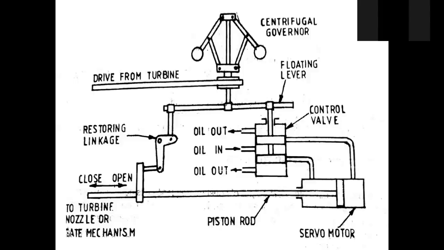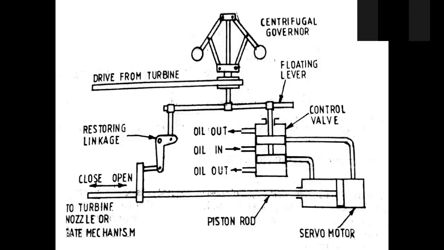Here inside this cylinder we have two chambers, right chamber and left chamber. If oil enters the right chamber, it exerts pressure on the piston and the piston moves to the left. If oil comes from the left pipe, then it enters the left chamber, it exerts pressure on the piston and the piston moves to the right.